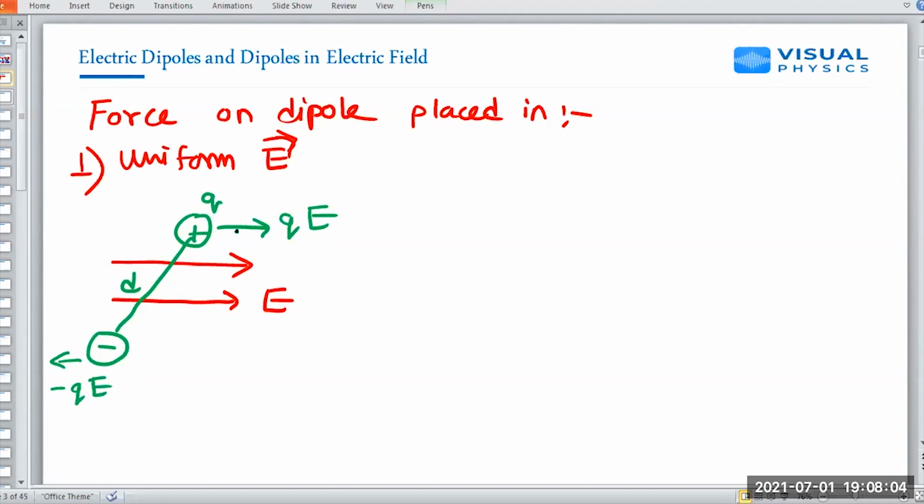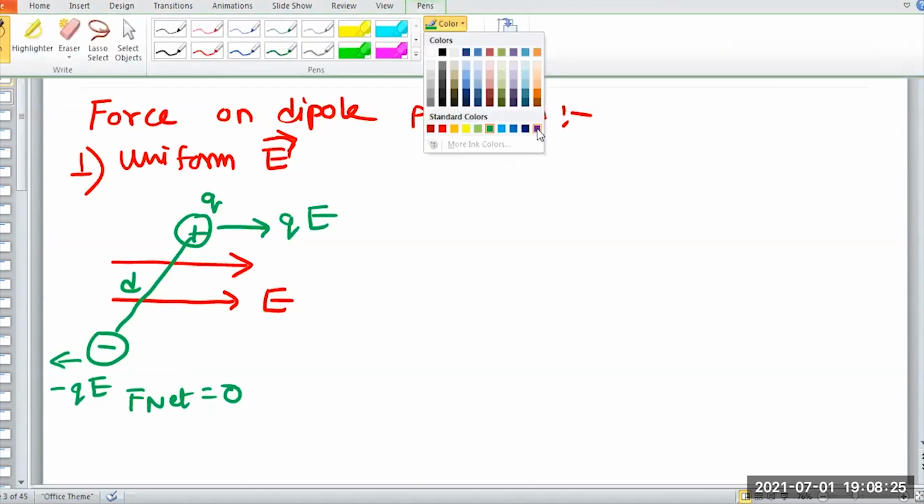These two forces are equal and opposite. So F net will become 0. But these two forces are not acting on the same line, so there will be a torque.